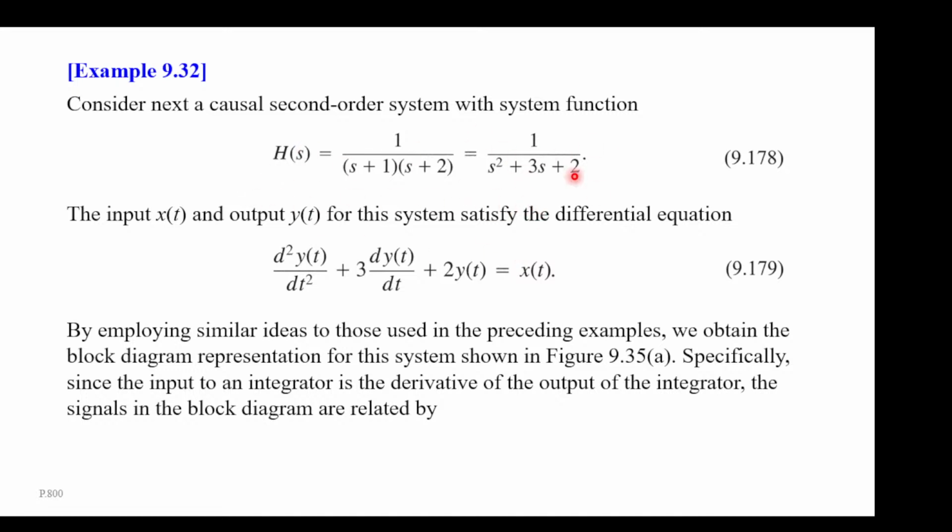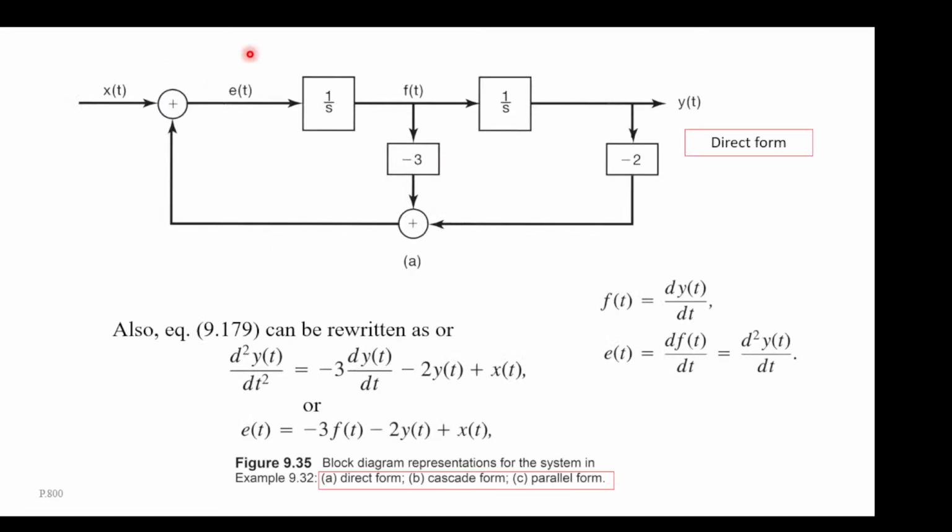You can multiply all this denominator, and you write down the differential equation in a block diagram in this form, the direct form. And then there is also cascade form and parallel form.